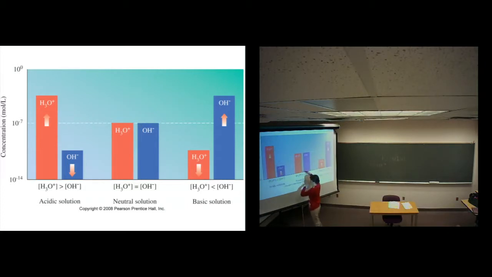So when we multiply them together, we still get the same constant. Same thing in a basic solution. If we have more base, it's going to be more hydroxide, so the hydronium ion concentration is going to go down. Again, when we multiply these together, we still get the same constant. So it works for an acid, base, or neutral solution.